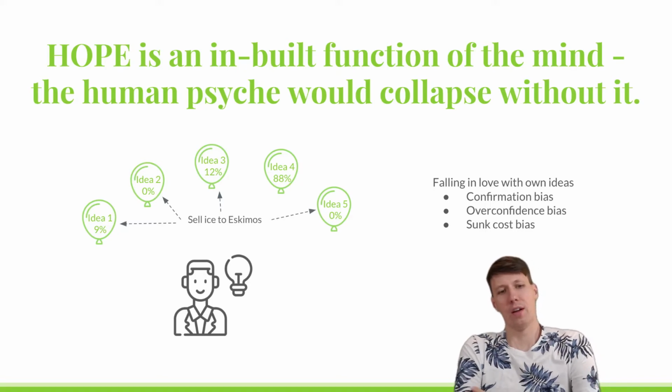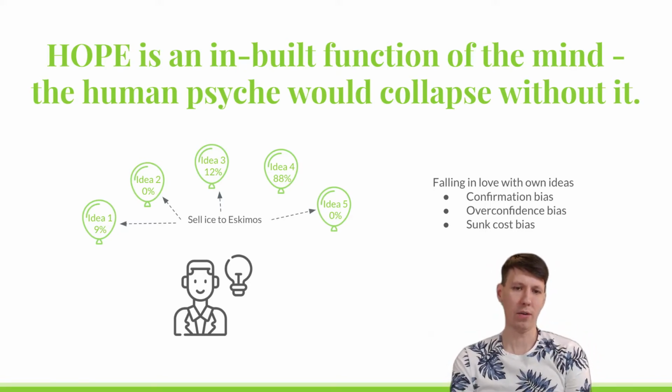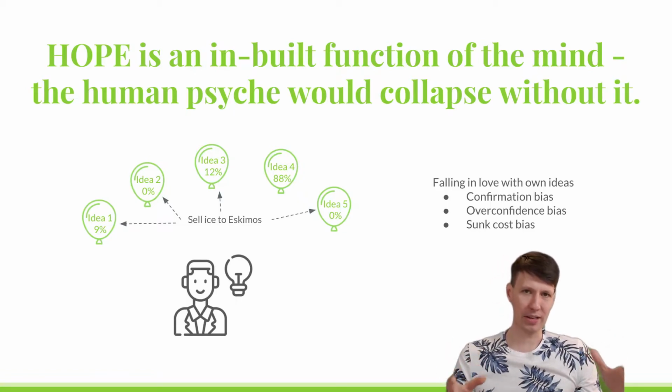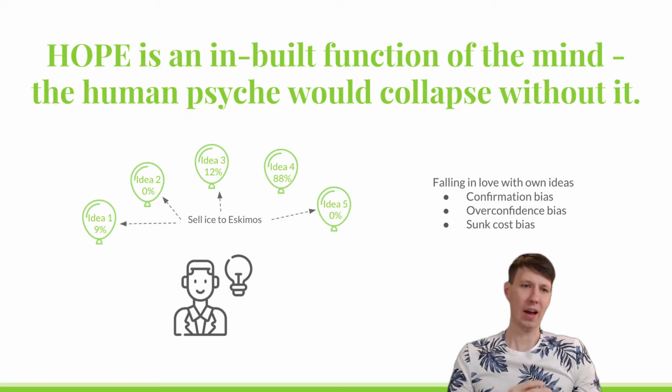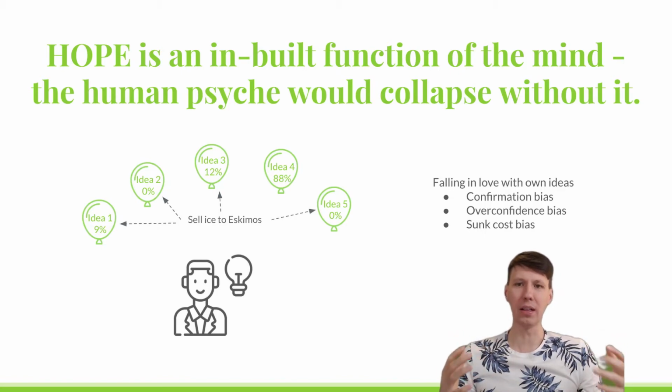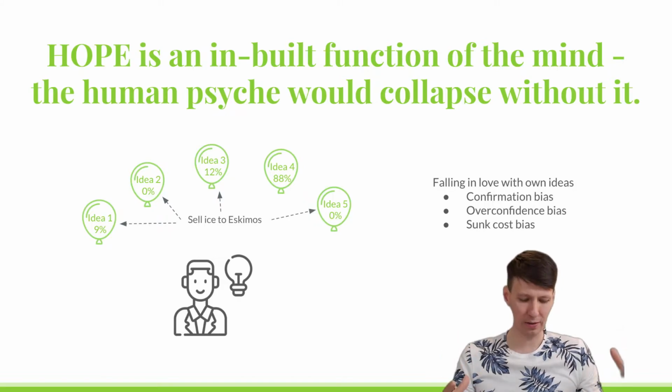So in this example, 4 ideas out of 5 are bad, and it's kind of like selling ice to Eskimos. Despite what you do, it won't work. And hope is an inbuilt function of our mind. Our psyche would collapse without it.